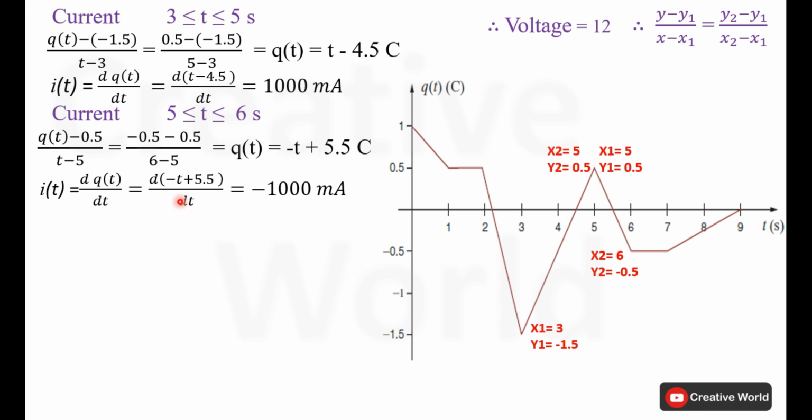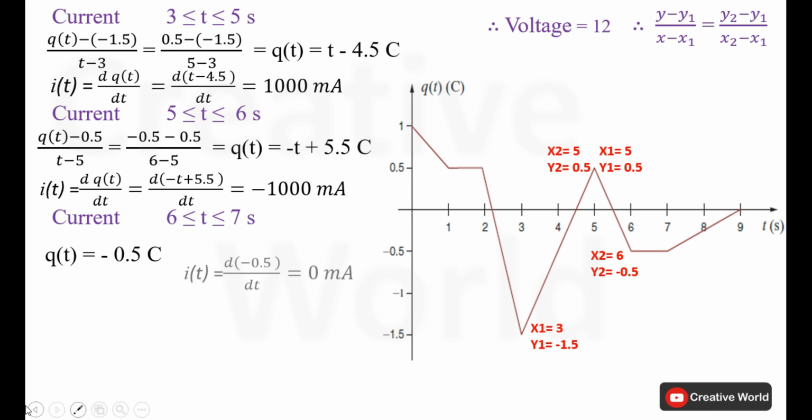Taking its derivative, the derivative of t will be minus 1 and the derivative of the constant will be 0. So minus 1 ampere, which can be written as minus 1000 milliampere. From 6 to 7 seconds, the charge is constant at minus 0.5 coulomb and its derivative will be 0. So the current will be 0 milliampere.